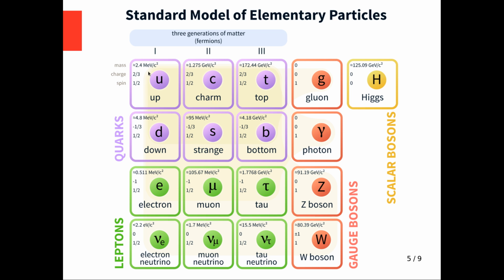So we see where the plus 1 comes from, and the minus 1. Here we have also the photon, which is an elementary particle. We see that it has no mass and no charge. This is why it can travel that fast, at light speed.